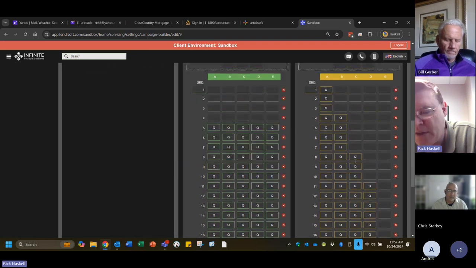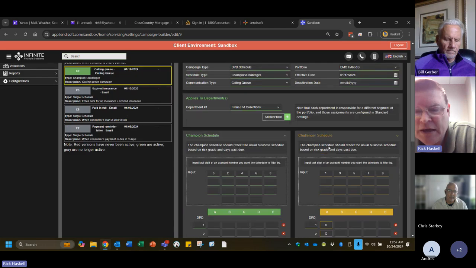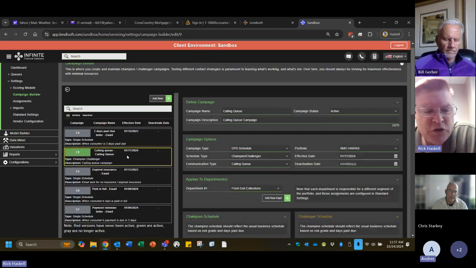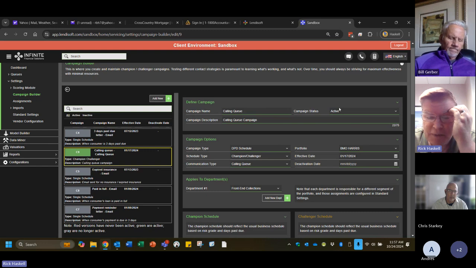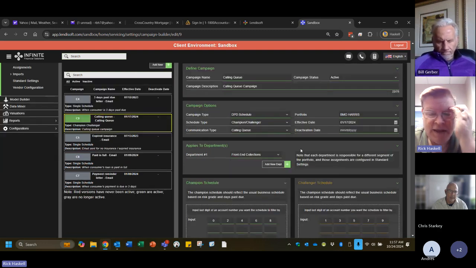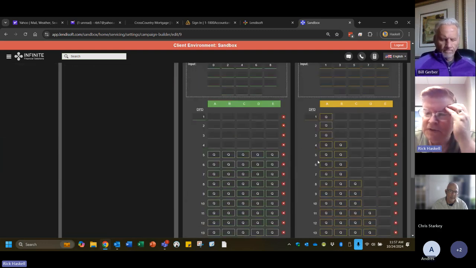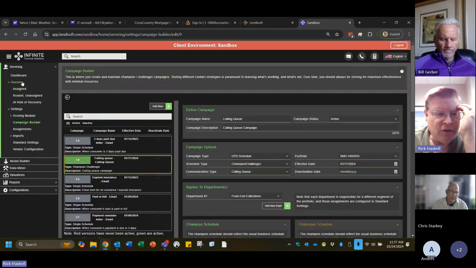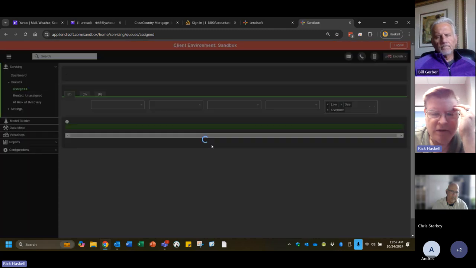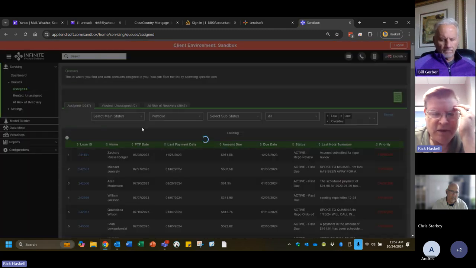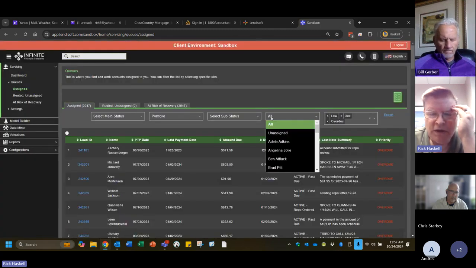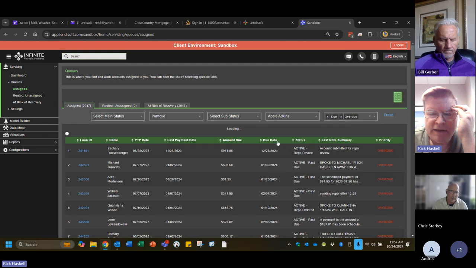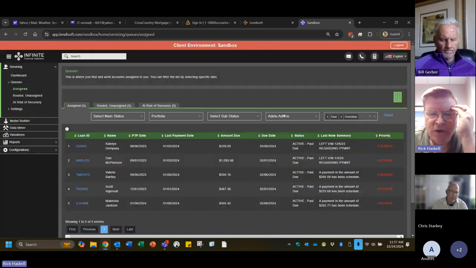You manually create these, you save them as a template into a campaign, and then you make it an active campaign. You just think of these as filters that get applied to the queues. So if I'm a collector and I go back to my collection queues, like we can pull up somebody's queue, I want to see Adele, her queue.